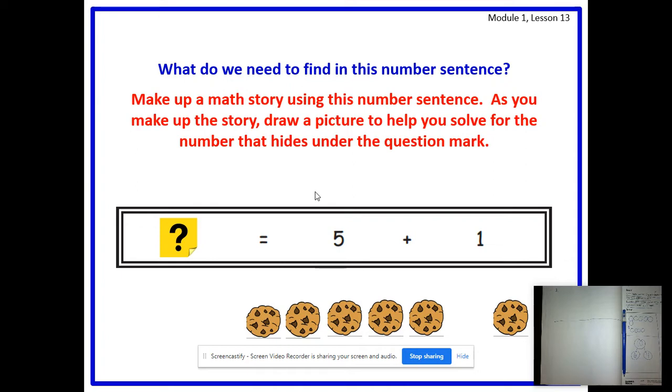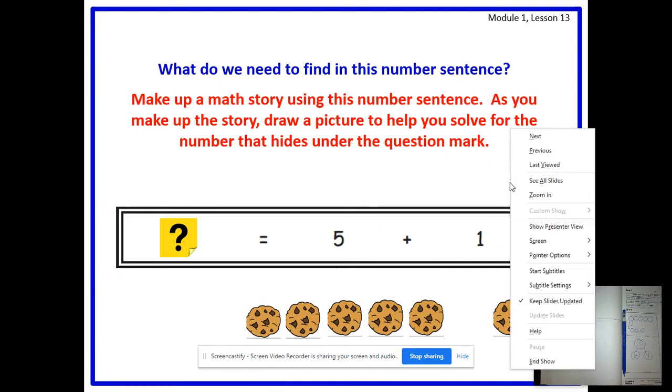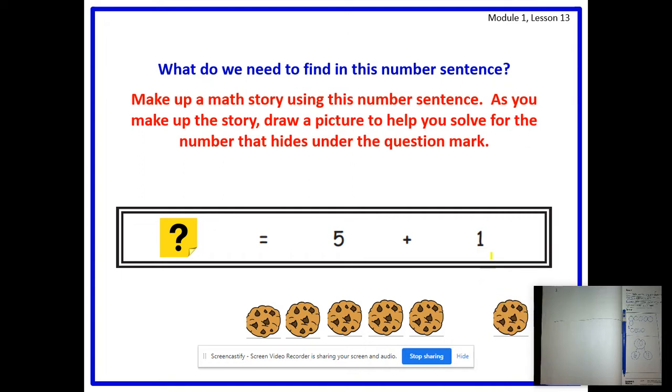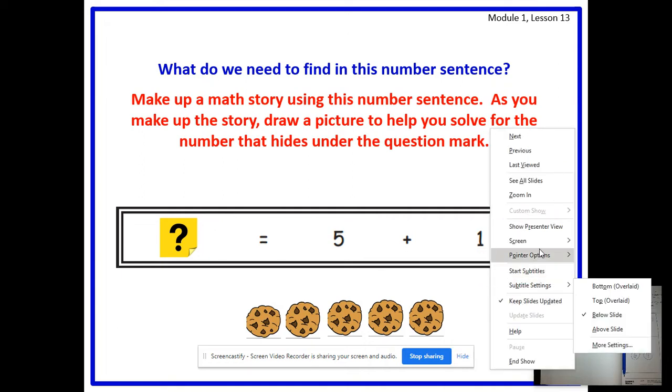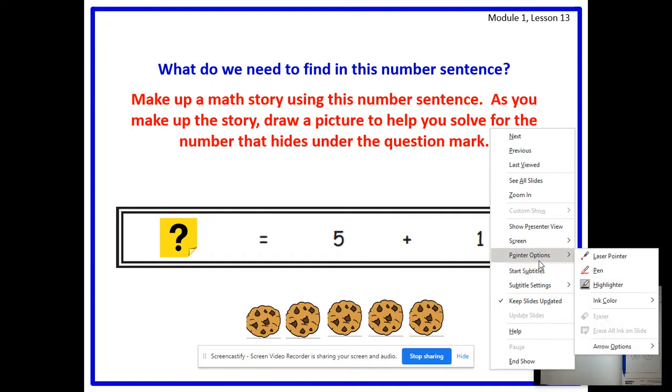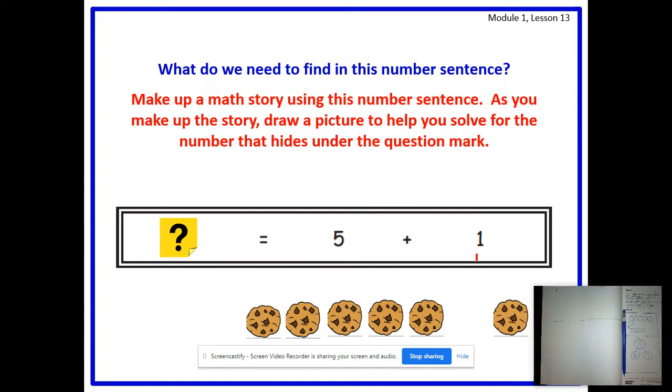So now, in order for me to find my total, I want to know how many cookies I have in total. Well, let me get my pen and highlighter. And now our third step is that we had to write a number sentence and a number bond. So I have my number sentence. I can rewrite it.